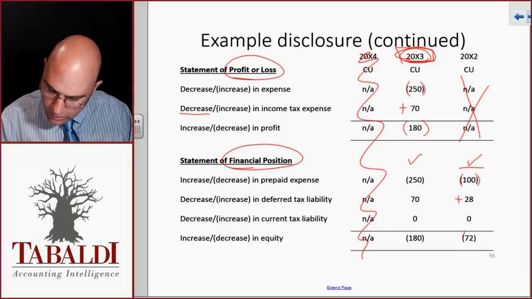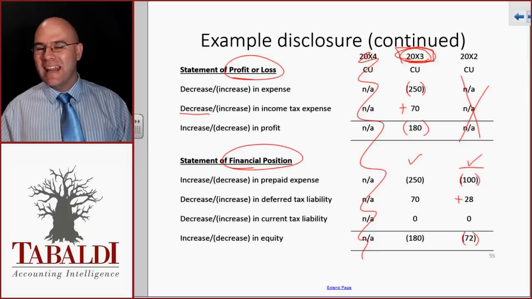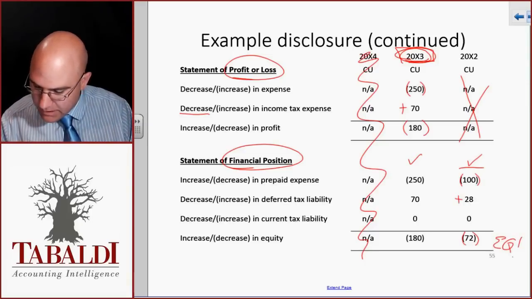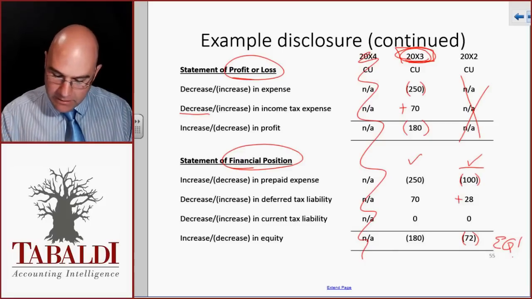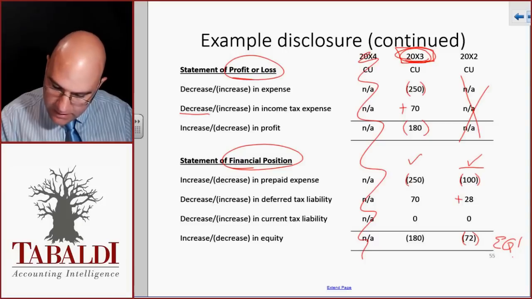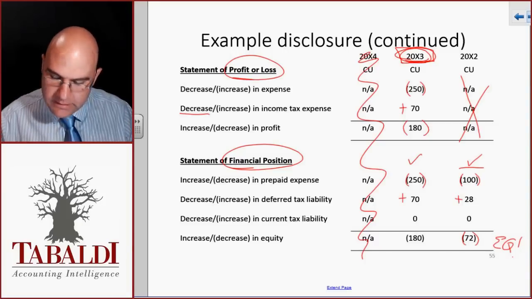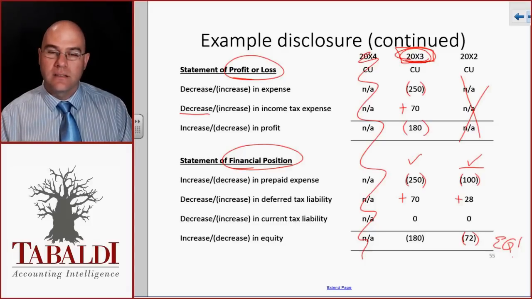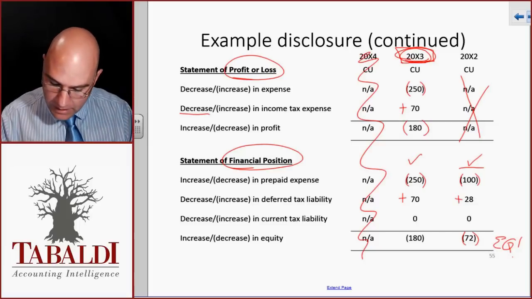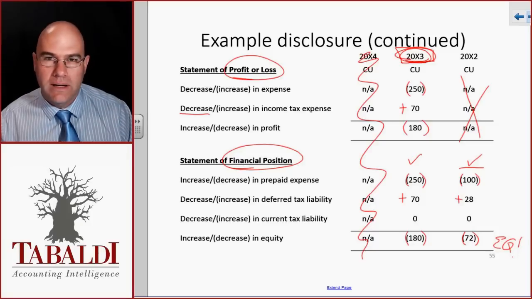Okay, overall, I had a decrease in the net asset position of 72. What is net assets? Assets minus liabilities leaves me with equity, please. Okay. In the current year, 20x3, decrease the prepaid expense, the asset, by 250. Decrease deferred tax liability, which increases equity. Overall, a net decrease in equity of 180.